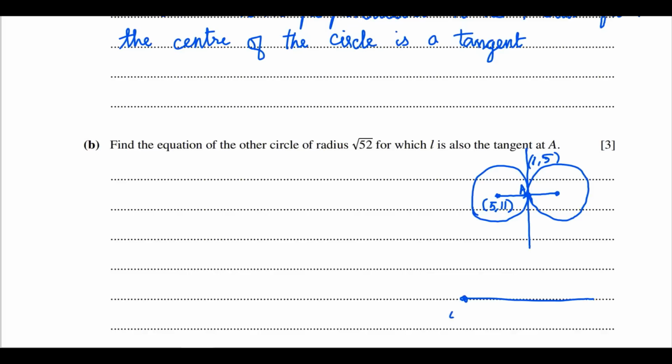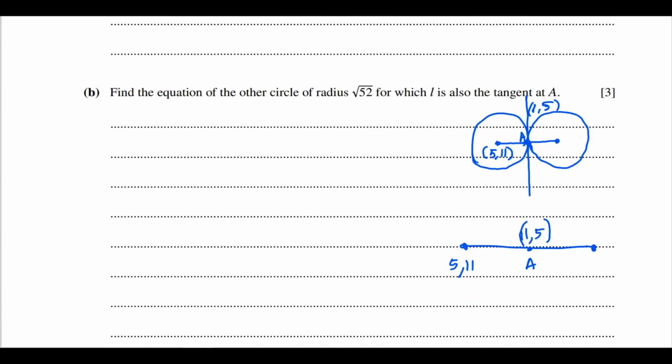Suppose this is 5, 11, and this is A, 1, 5. So we have to find out this center. The distance from C1 to A is the same as the distance from A to C2. So A is like a midpoint of C1 and C2.